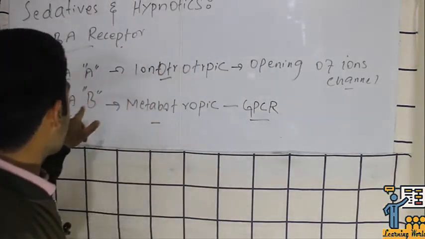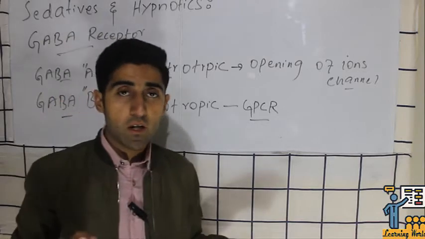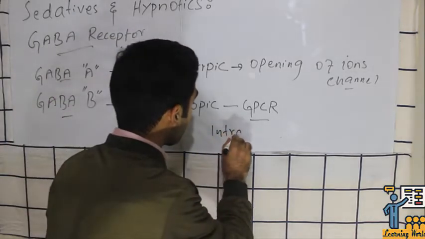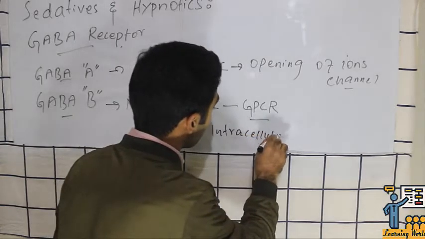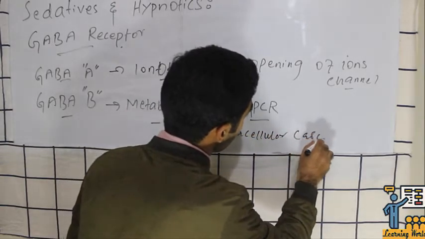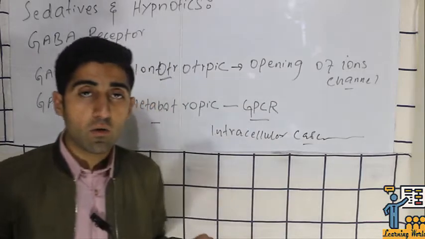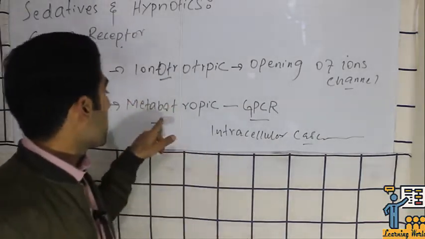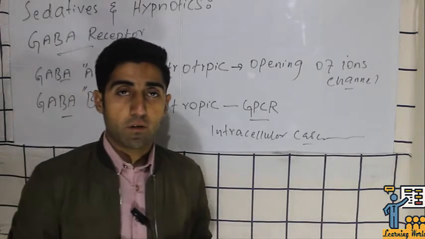When the GABA B receptor is stimulated, an intracellular cascade of reactions will occur.